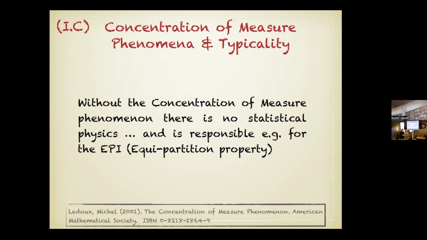Shannon entropy in particular, the Shannon-Gibbs entropy, is a consequence of Boltzmann entropy being applied to IID systems. So that was part one.